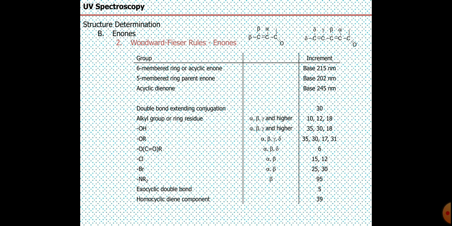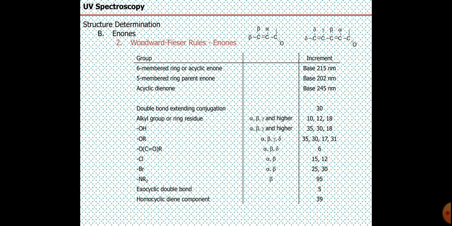If the enone is 5-member, then the base value is 202 nanometer. And for an acyclic enone or dienone, the base value is 245 nanometer. These are the base values for the parent molecule, and then the increments are given for different substituents.